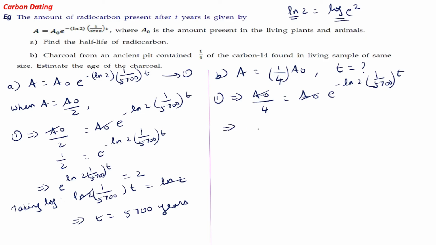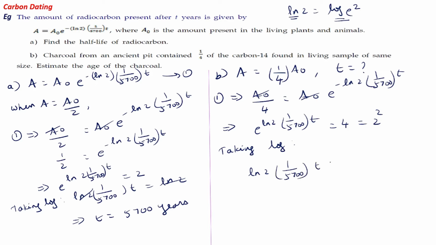So we have e raised to ln 2 into 1 by 5700 T. This is equal to 4. Now this 4 we can write as 2 square. Now we can take log on both sides. So when we take log on both sides, we have ln 2 into 1 by 5700 T equal to ln 2 square, which will be 2 ln 2.